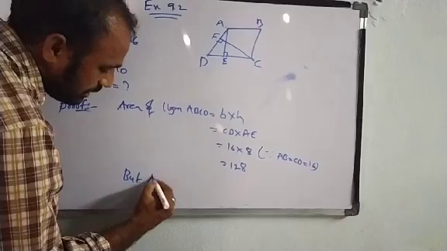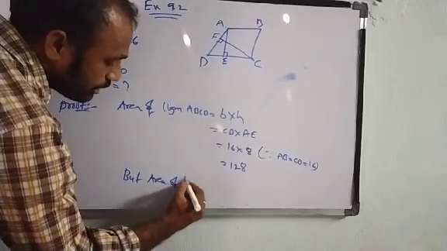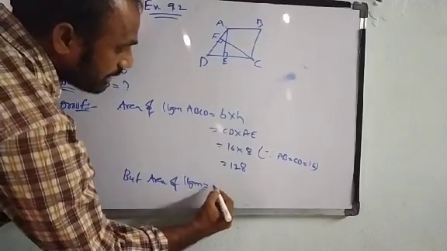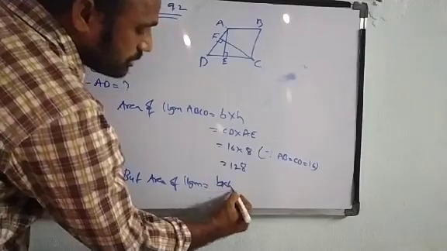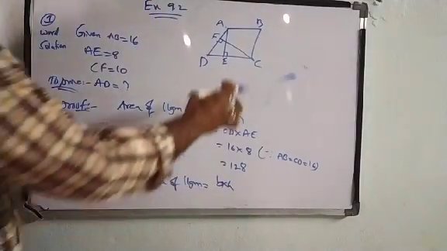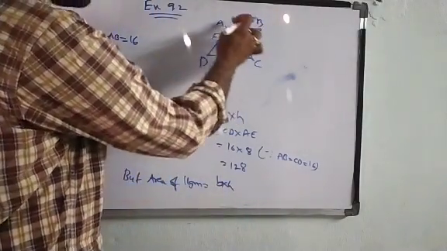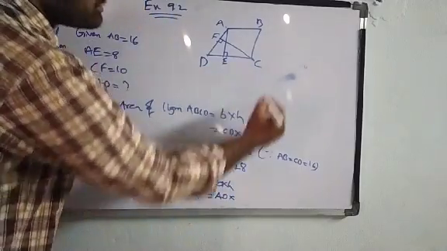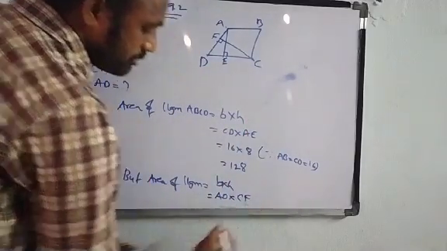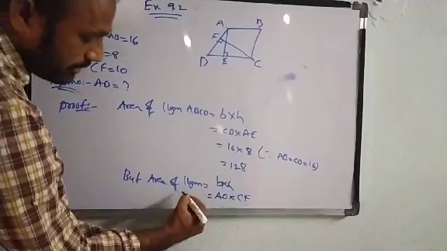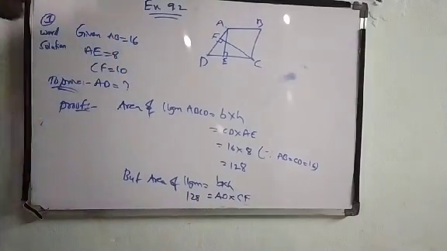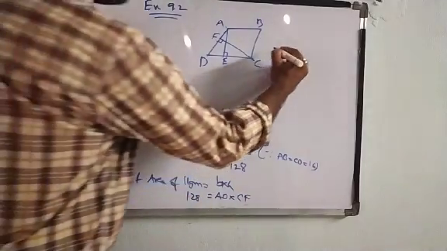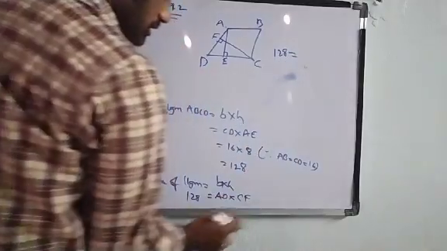But we can write area of parallelogram as base into height. So the same concept I can write like this also. So I can take the base as AD into height as CF. Already I know the area of the parallelogram, the answer is 128. So 128 is equal to AD into CF.